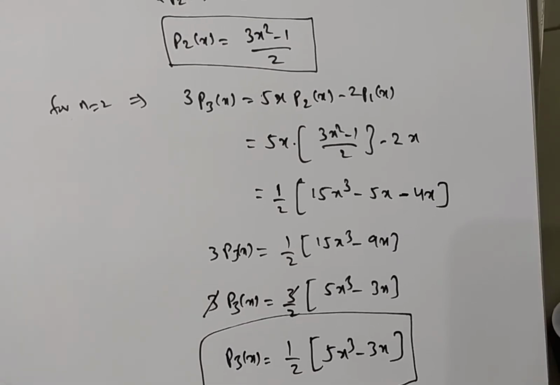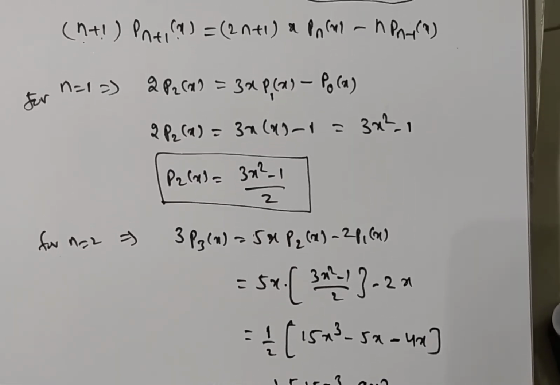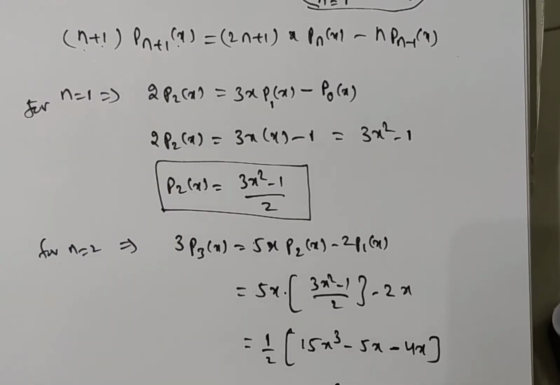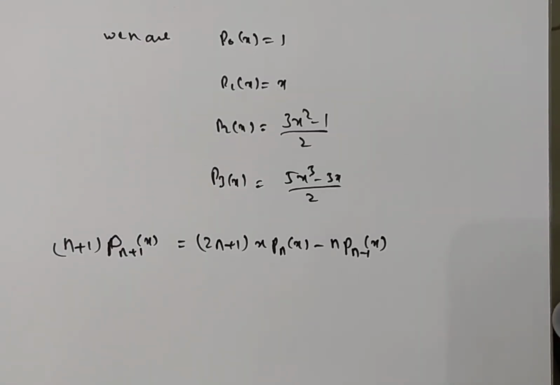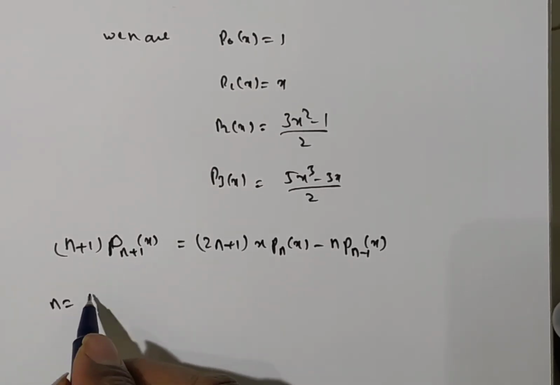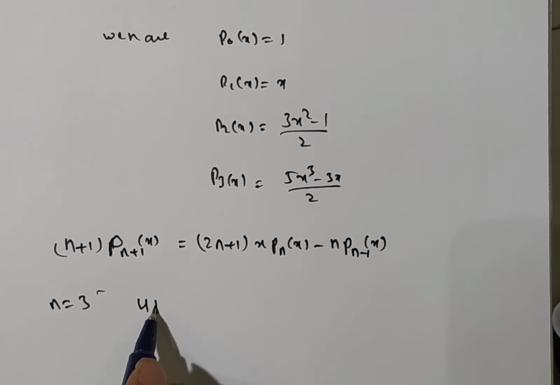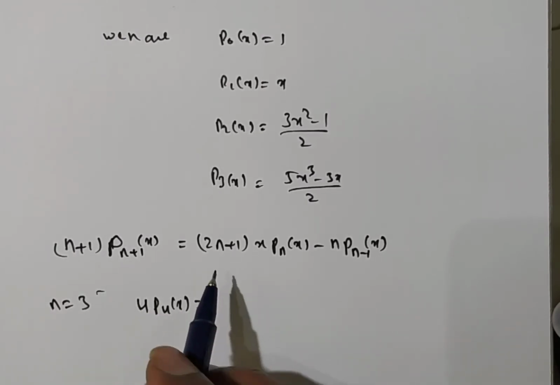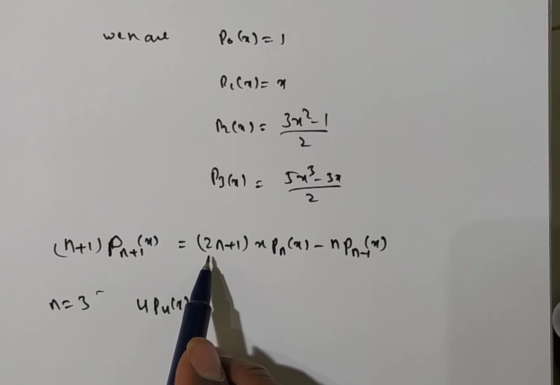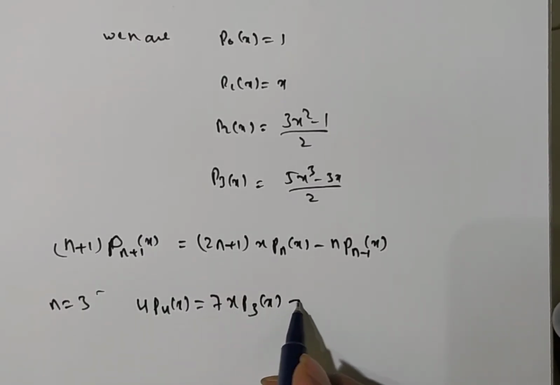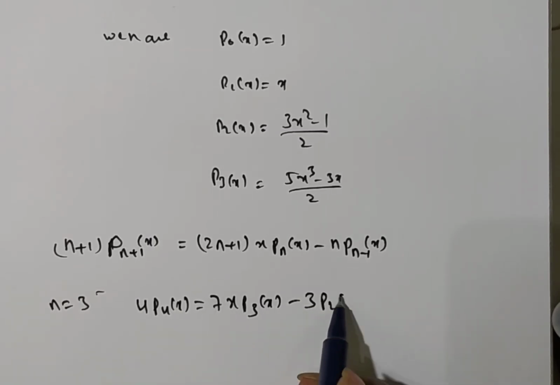Next, what do you need to find? P4 of x. What do you substitute in this recurrence relation to get P4? We put n = 3. For n = 3, 4 P4 of x = 7x P3 of x − 3 P2 of x.